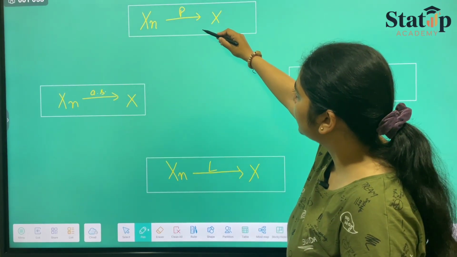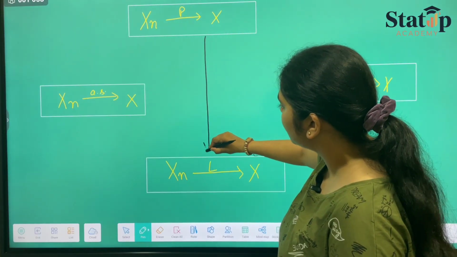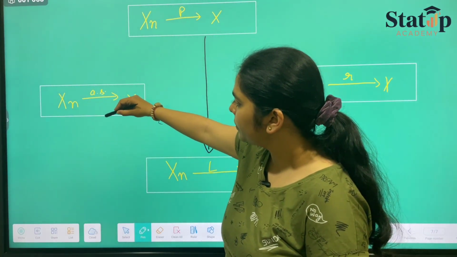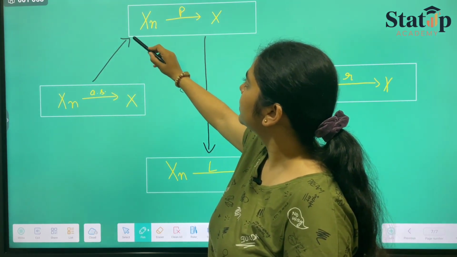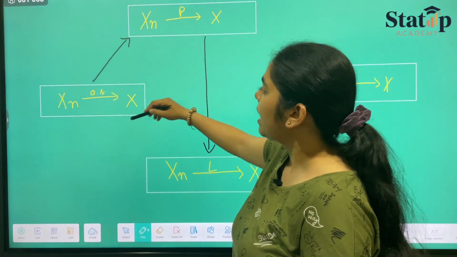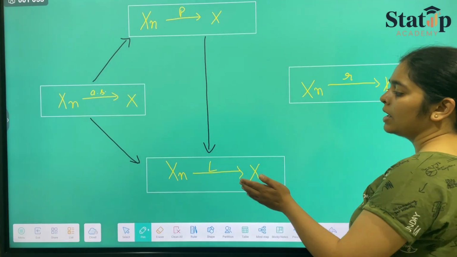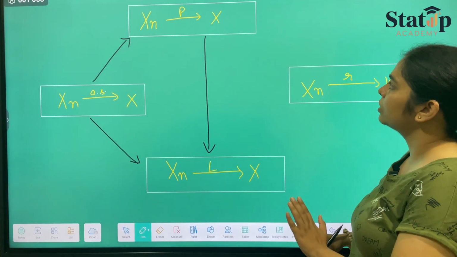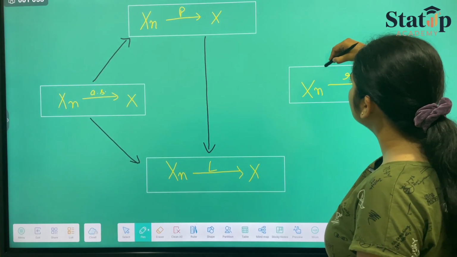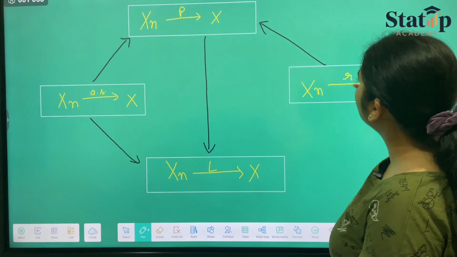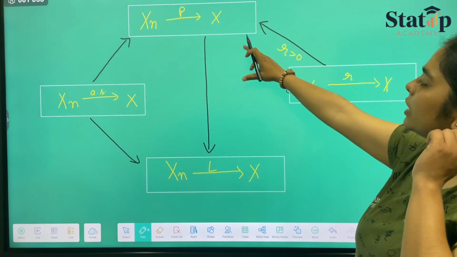So we can say that if Xn converges to X in probability, then this directly implies that Xn in law converges to X. And from this also, if Xn almost surely converges to X, then we can say this as well, that it always converges in probability. And this can be directly indicated here as well, that if Xn almost surely converges to X, then Xn in law will also always converge to X. Now here, if Xn in rth mean converges to X and r is greater than 0, then this also converges in probability.